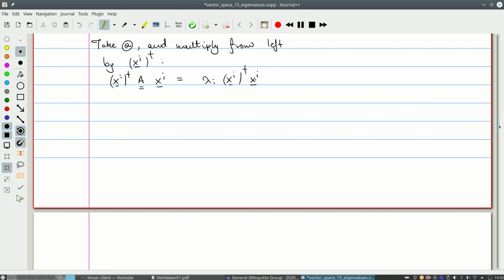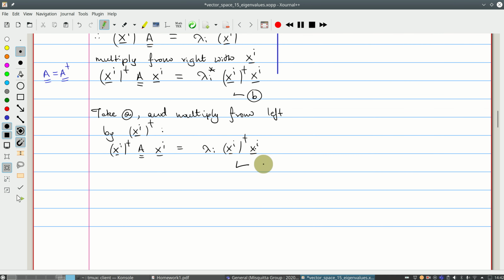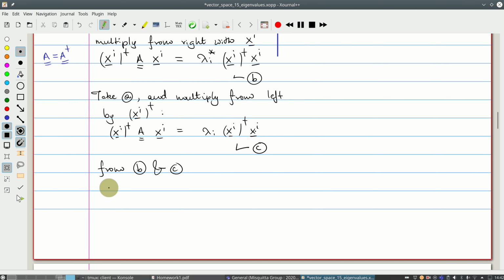Okay, now if we call this equation C, and if I compare B and C, we look at the left hand sides, they are the same on both of them, therefore the right hand sides must be equal. So from B and C we get lambda I star xi dagger xi is equal to lambda I xi dagger xi.